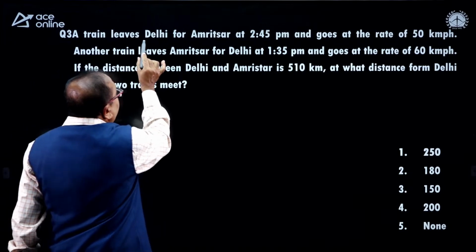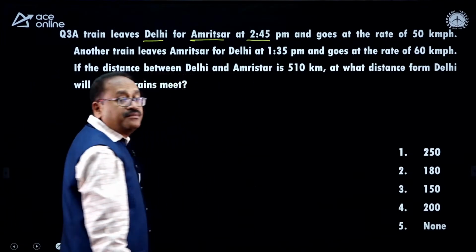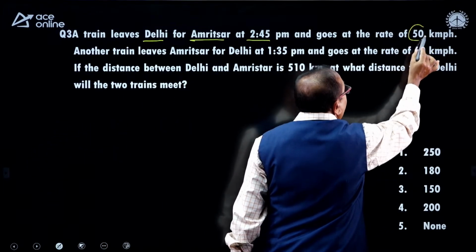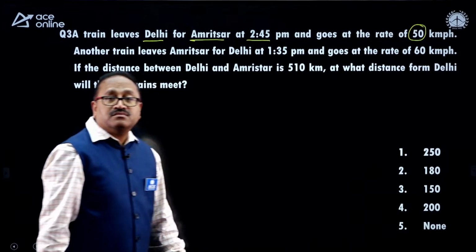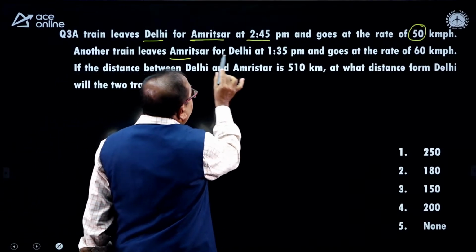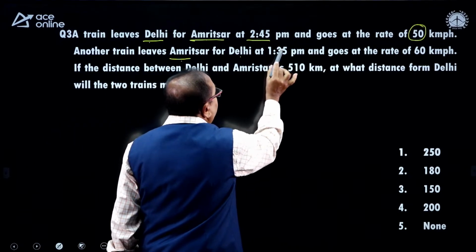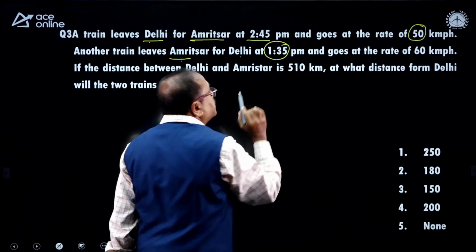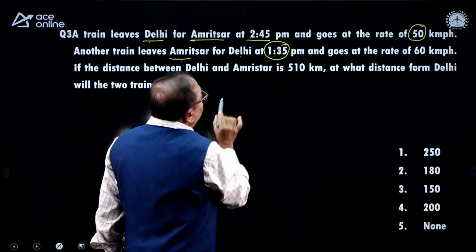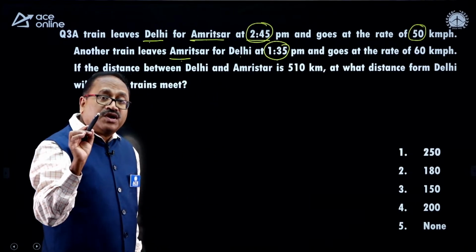A train leaves Delhi for Amritsar at 2:45 and goes at a rate of 50 km per hour. Now another train leaves Amritsar to Delhi. This is Delhi to Amritsar, this is Amritsar to Delhi at 1:35 p.m. That means this train started at 1:35 p.m. The other one started at 2:45.